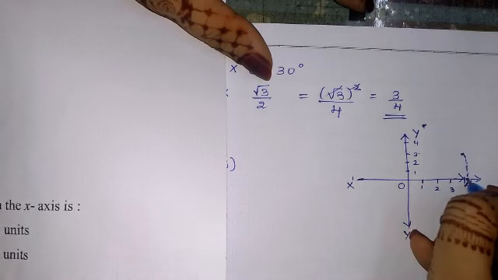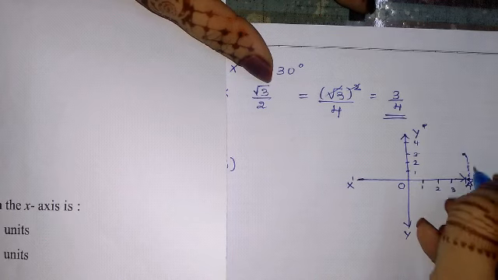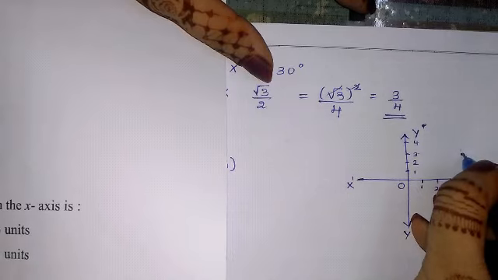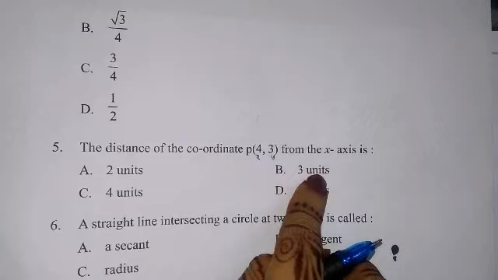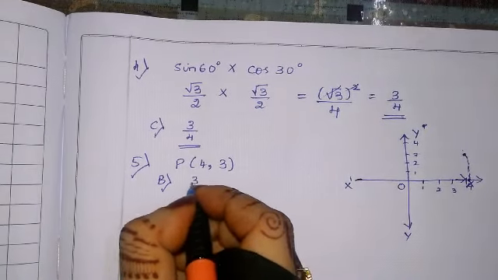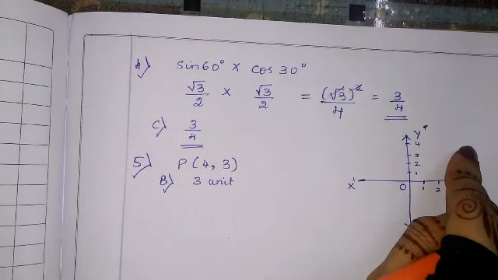So the distance from the x-axis to the point is 3 units. So the answer is B, 3 units.